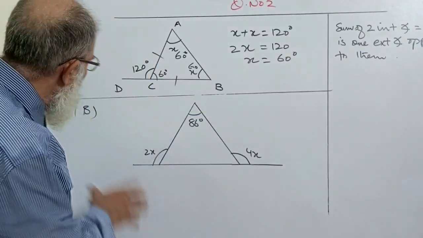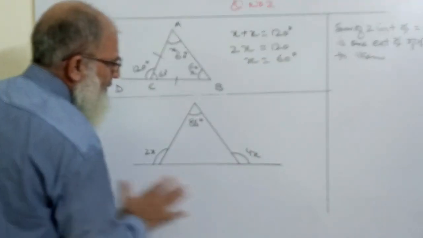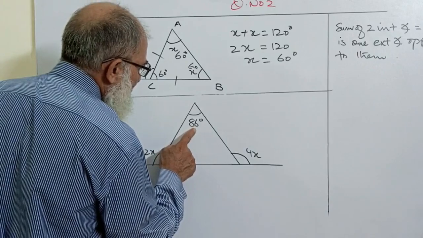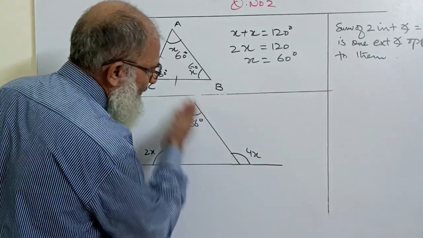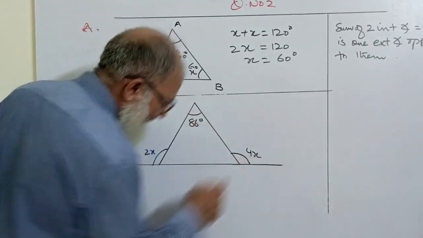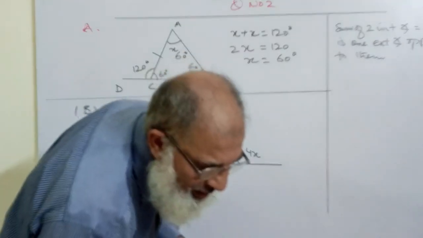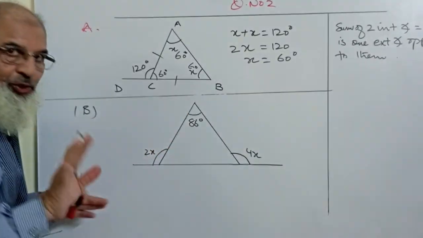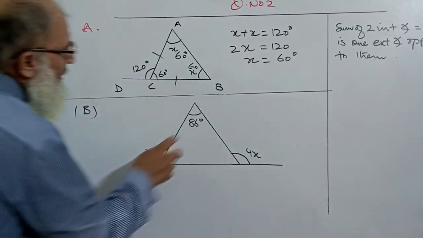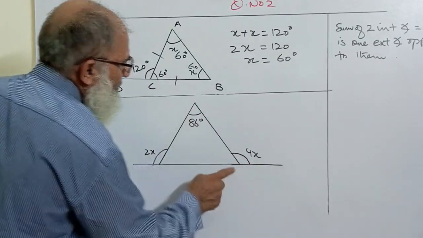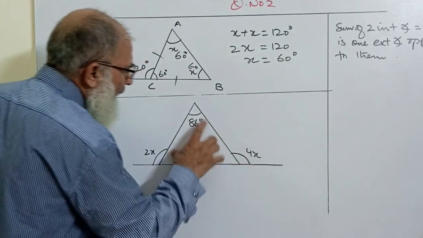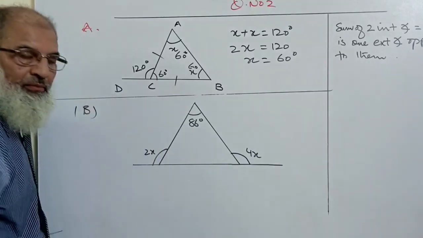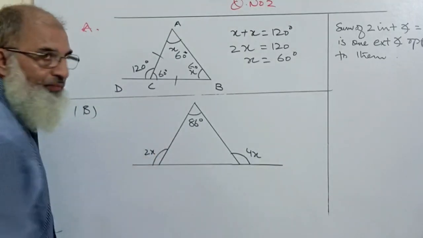Now my dear students, just look at this figure. You see that for this angle 4x, just name this triangle. They have not named it, so I don't name it. Now for this angle 4x, there are two opposite interior angles, 86 and this unknown angle.